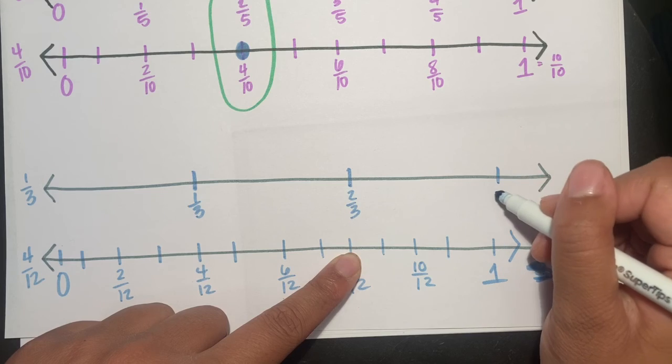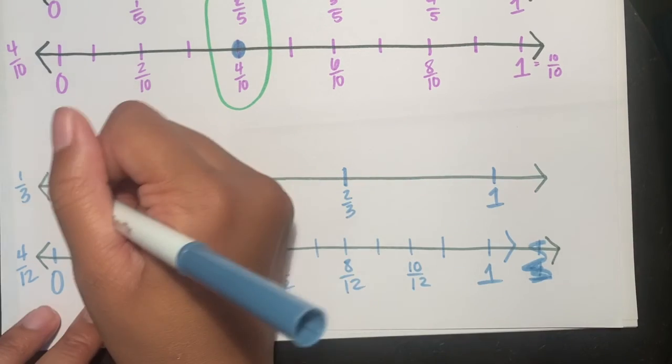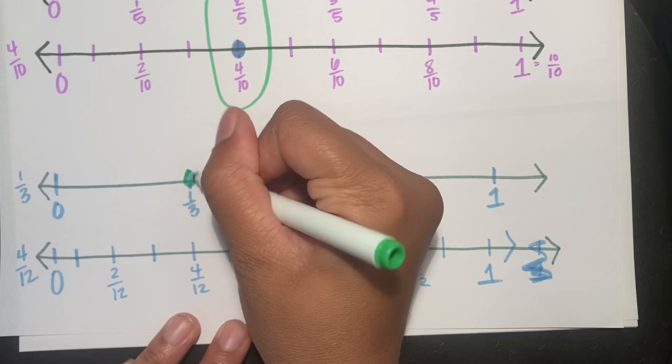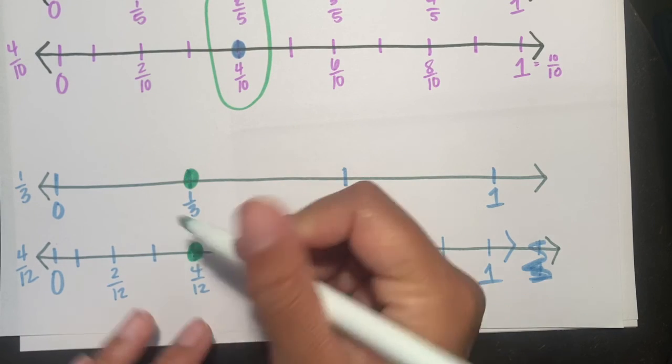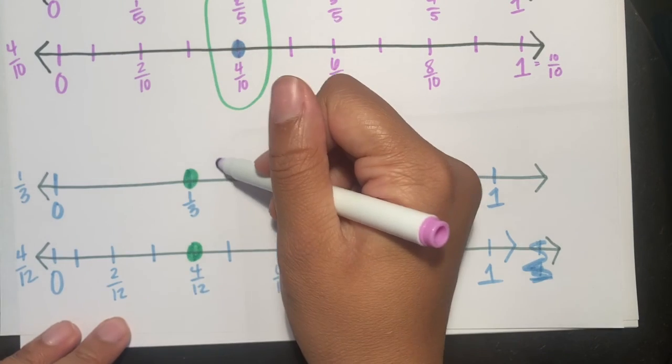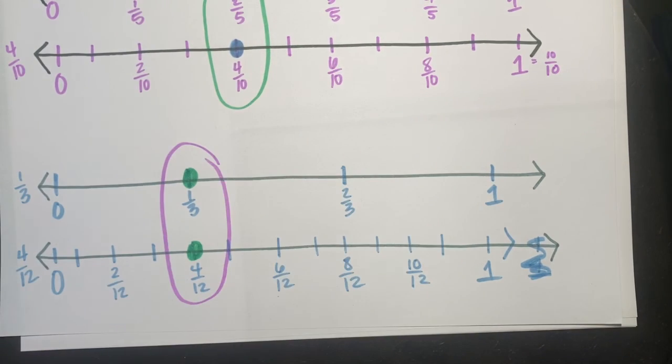And over here will be 1 whole. And at the beginning would be 0. Once again, marking my fractions, 1/3 and 4/12. And I can see that they will line up and be equivalent.